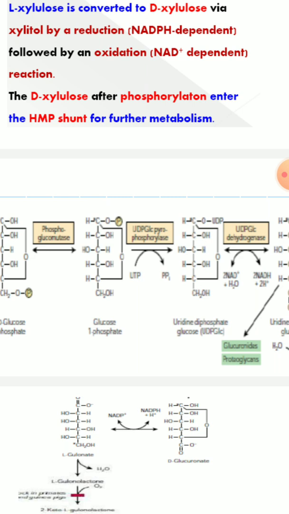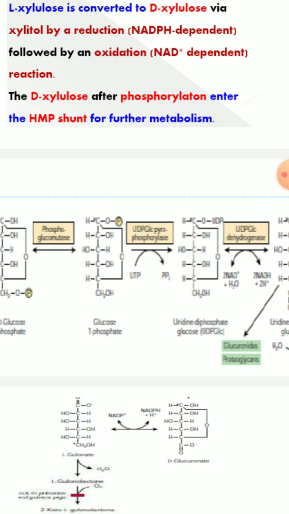That uridine triphosphate is getting incorporated to this glucose 1-phosphate, and inorganic pyrophosphate is going to be removed. So it forms uridine diphosphate glucose. Then this uridine diphosphate glucose further undergoes a dehydrogenation reaction. As I said earlier, it is an NAD plus dependent reaction here.